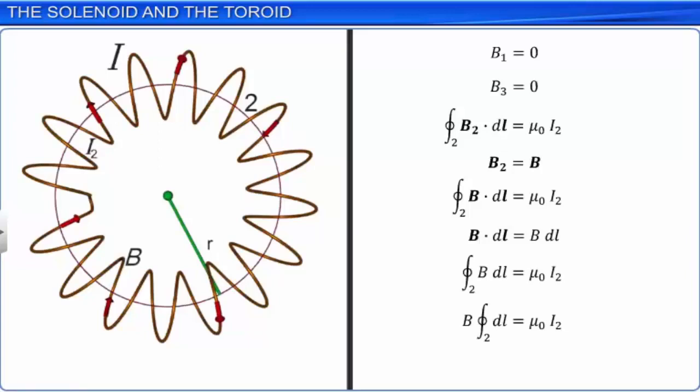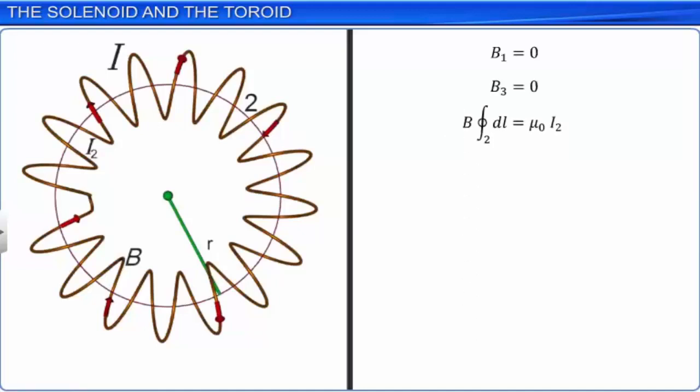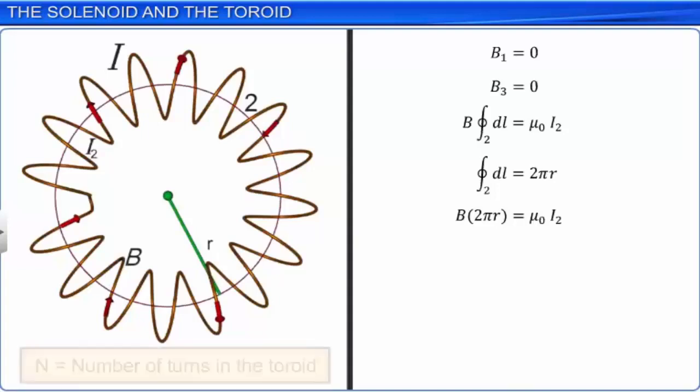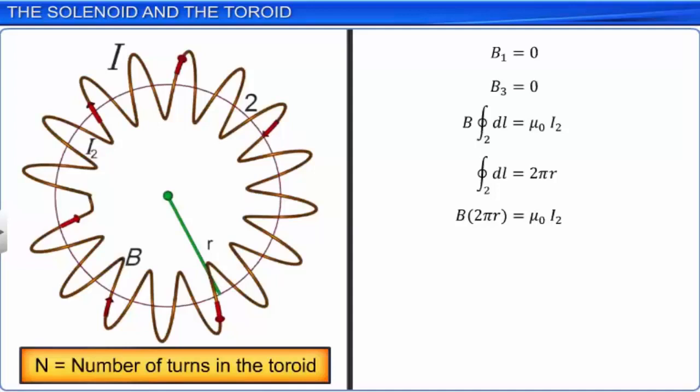The total length of the Amperian loop 2 is its circumference, which is equal to 2 pi r. Thus, B into 2 pi r is equal to mu naught I2. Let n be the total number of turns in the toroid. Therefore, the total current enclosed by the Amperian loop 2, I2, is equal to N i.